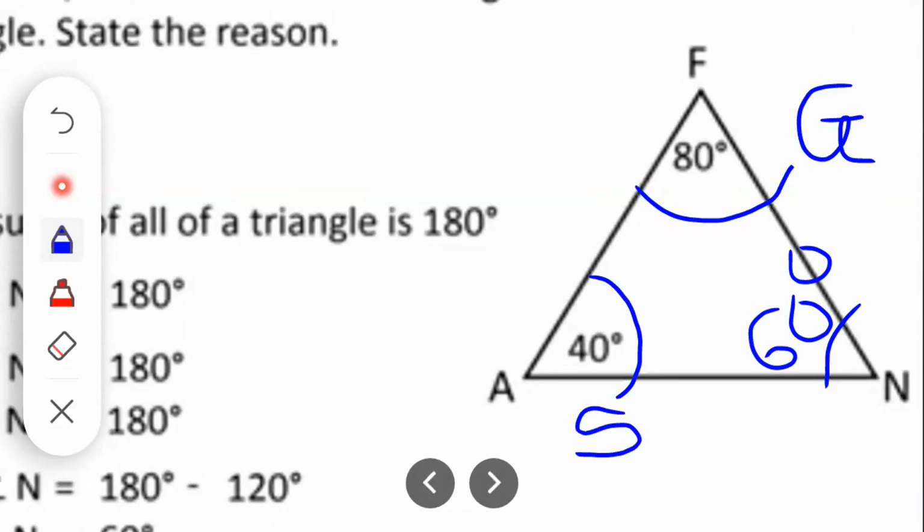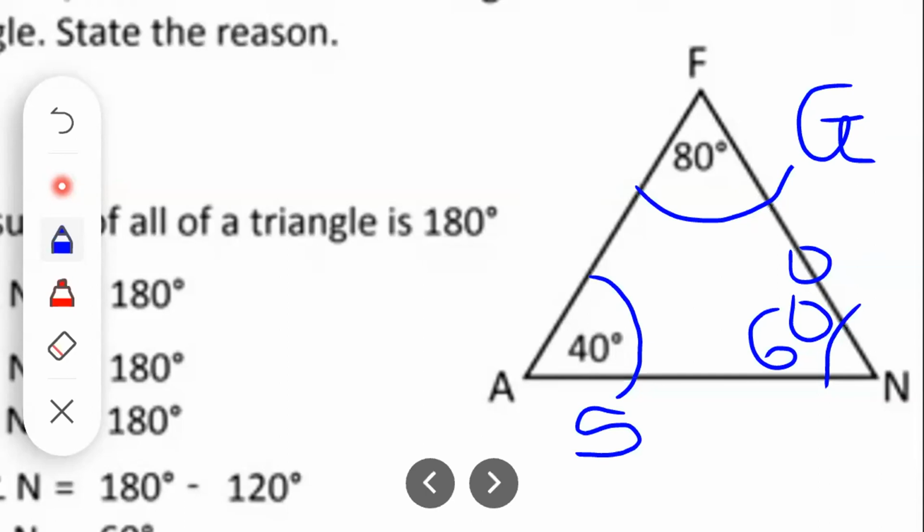Now we know the property to find which side will be greater and which one will be smaller. The property is: the side opposite to the greater angle is greater, and the side opposite to the smaller angle is smaller.